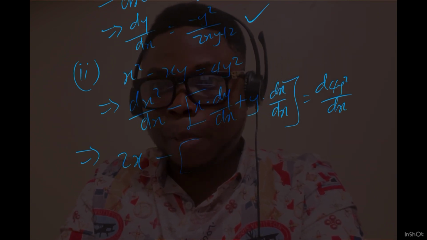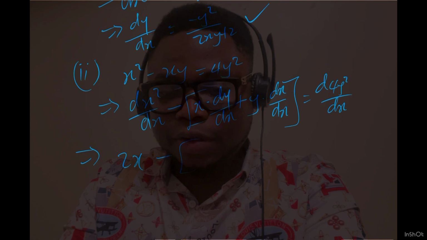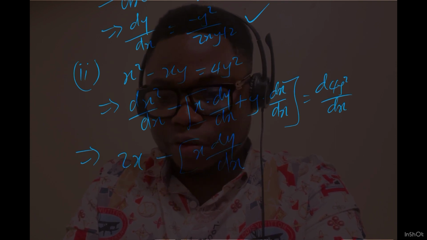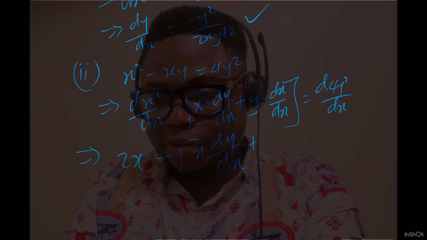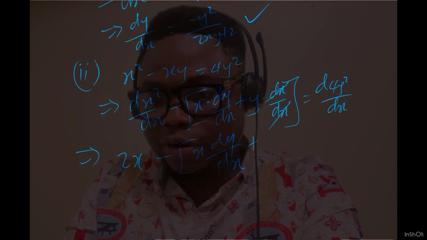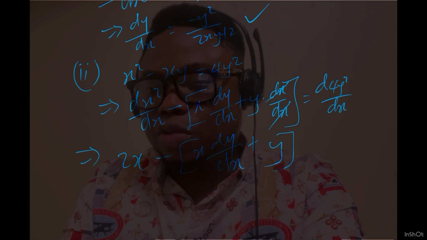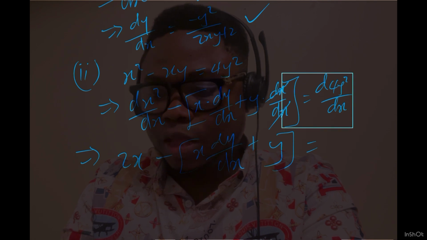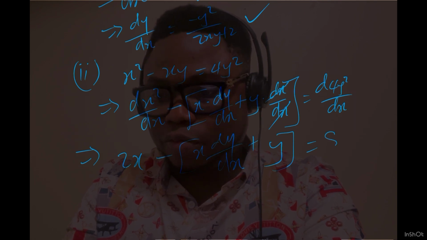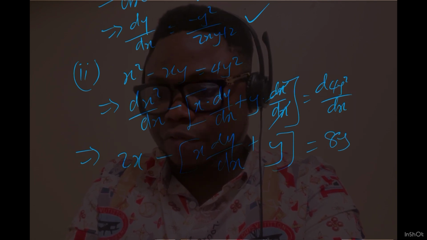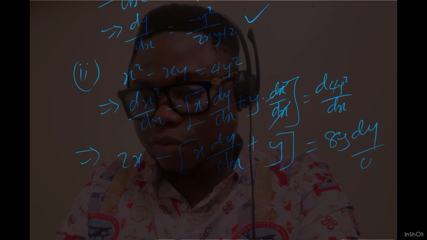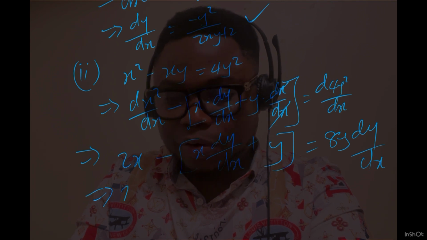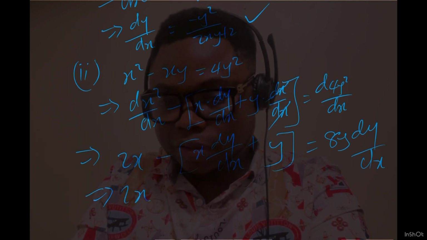So I'm going to write x dy over dx, then plus, remember here the dx is going to cancel out the x, I'll have y remaining, is equal to, so I'm going to differentiate 4y squared. Differentiating 4y squared, I'm going to have 8y, then remember we're looking for dy over dx. So now this is the same thing as 2x minus bracket.